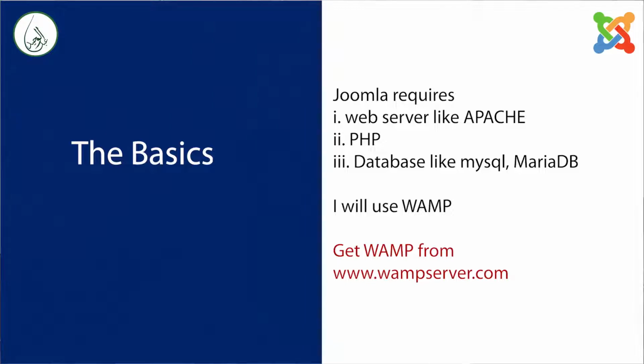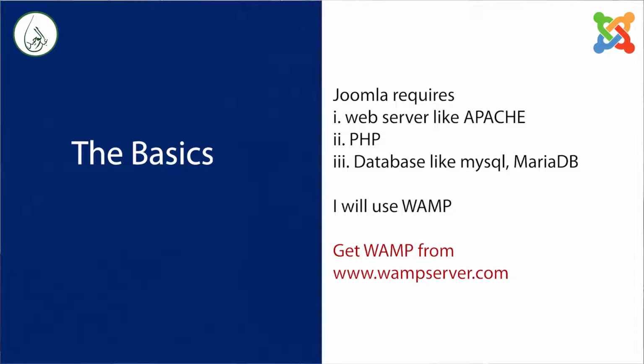So the very first step in working with Joomla locally is to use software that can emulate the web server on your local machine. Now there are a couple of options here. One of the most popular ones, and the one that we are going to use in this course, is called WAMP.